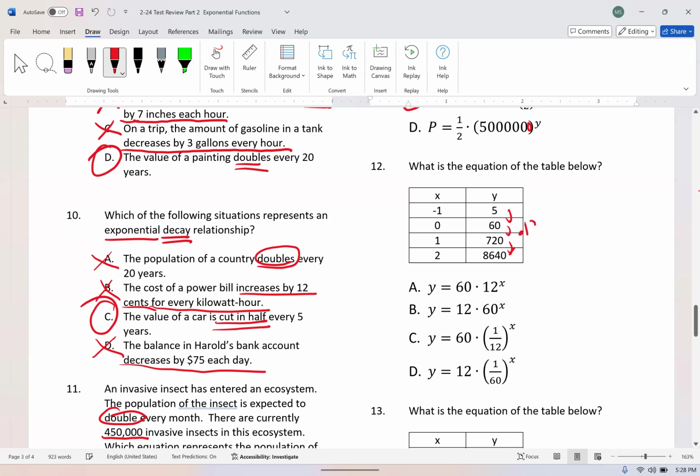Well, every time we're multiplying by 12. 5 times 12 is 60, 60 times 12 is 720, and 720 times 12 is 8640. So our equation is exponential looking like this. Our starting value, which is really our y-intercept, is 60. Since we're multiplying by 12, our multiplier is going to go in for B. So the correct answer is A.